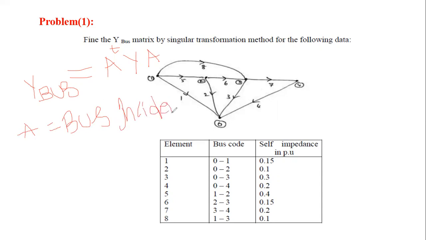This bus incidence matrix is obtained from the element node incidence matrix.